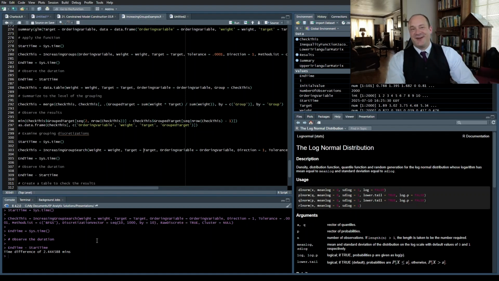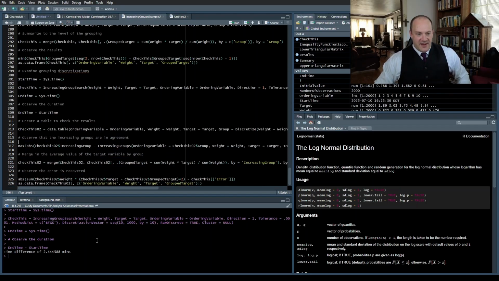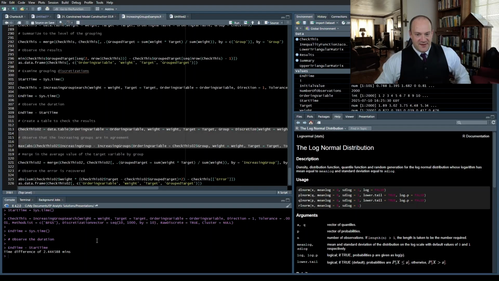It's very, very fast. And so that allows us to look for, if you will, the best grouping of things in a reasonable amount of time. All right, so we'll just check to make sure everything's kosher there.